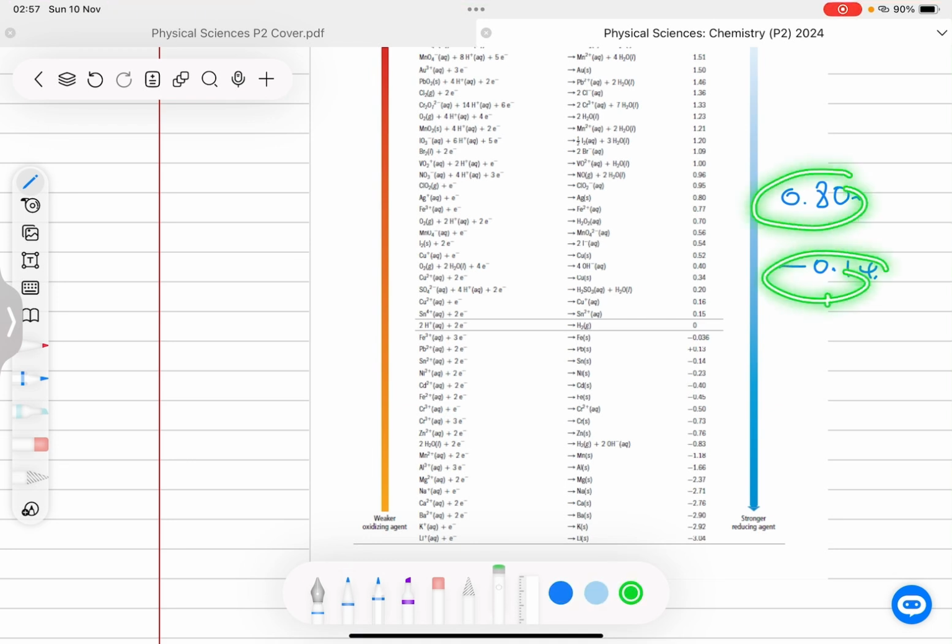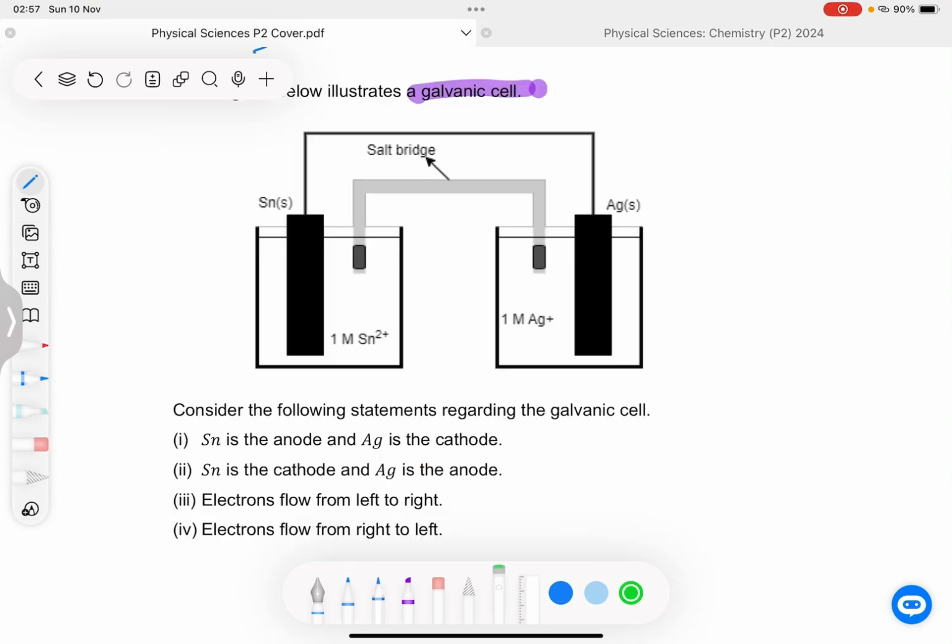Now when you compare these two numbers, you can see that Sn is more negative than our Ag. What does that mean? That means that our Sn is an anode. This side here is an anode because it's more negative.